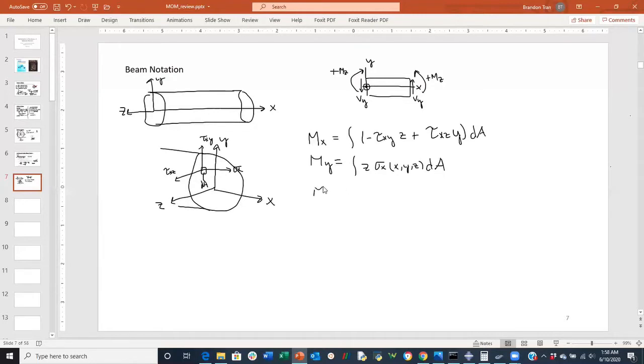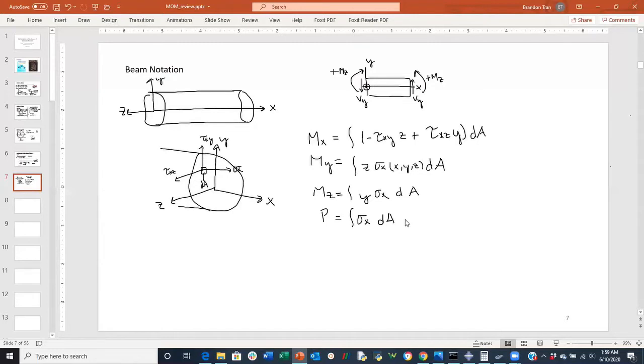Okay. Moment about z, same thing as moment about y. Moment arm y times sigma x dA. Okay, and obviously our normal load, sigma x times dA.